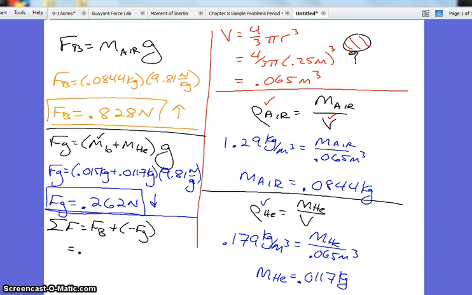And so we have 0.828 newtons minus 0.262 newtons. We get the total force comes out to be 0.566 newtons. And that total is positive, and so therefore it is upward.